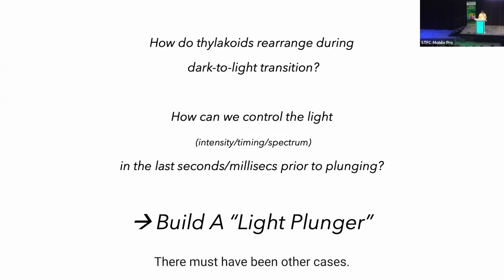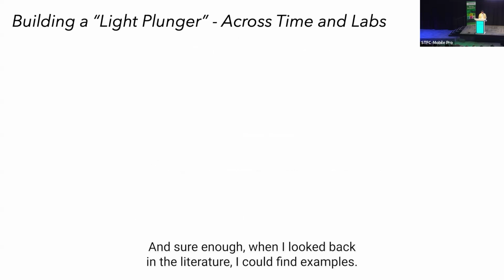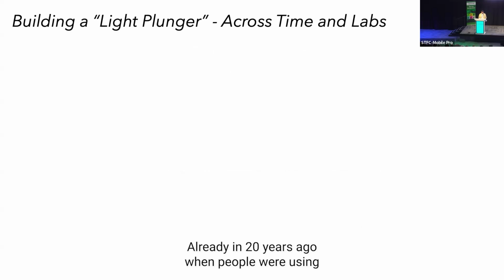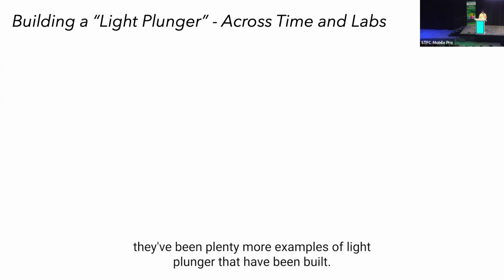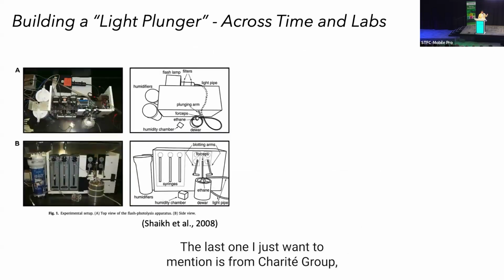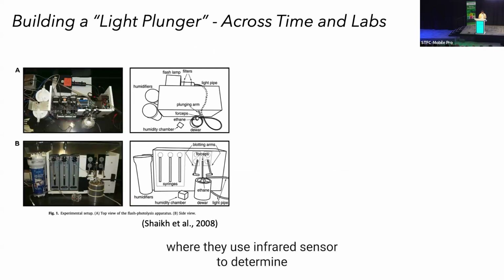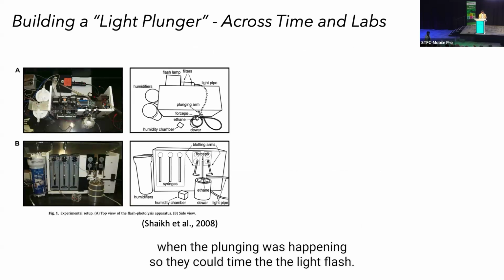There must have been other cases, and sure enough, when I looked back in the literature, I could find examples already 20 years ago when people were using flash-induced photolysis. And throughout the last 20 years, there have been plenty more examples of light plunger that have been built. The last one I just want to mention is from Charité group, where they use infrared sensor to determine when the plunging was happening, so they could time the light flash.